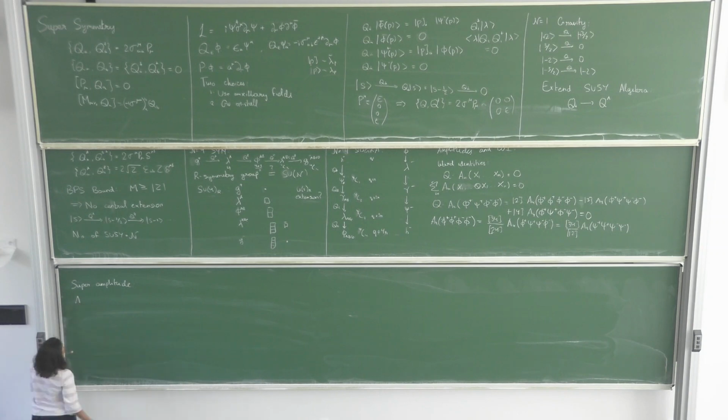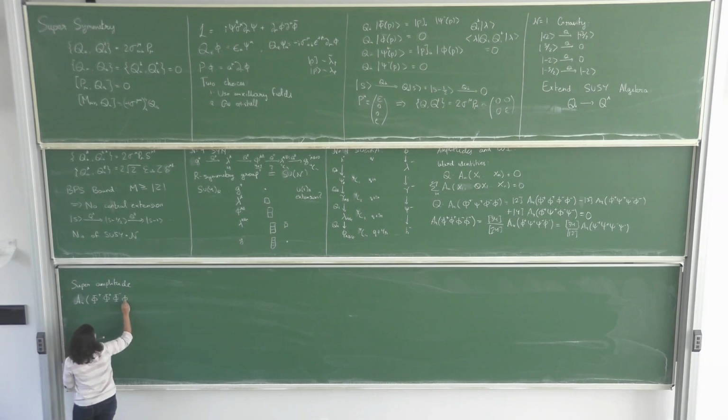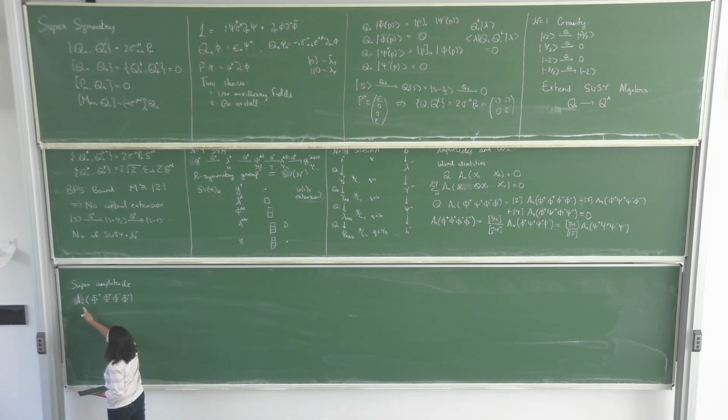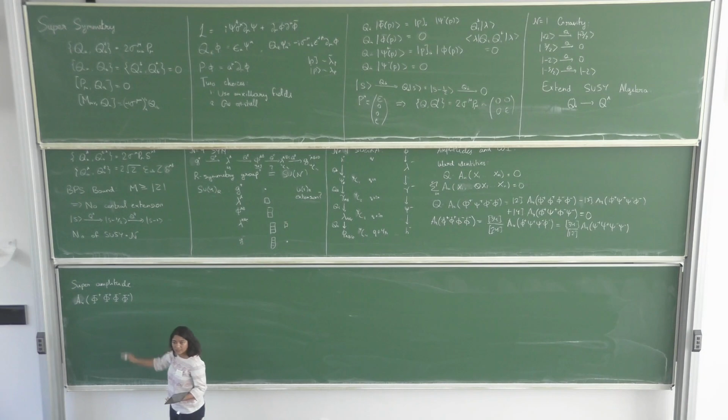I don't have a different notation, so maybe I'll use curly A, and this capital Phi notation, to mean a group of amplitudes. It's a 4-point amplitude between 2 positive chiral multiplets and 2 negative chiral multiplets.